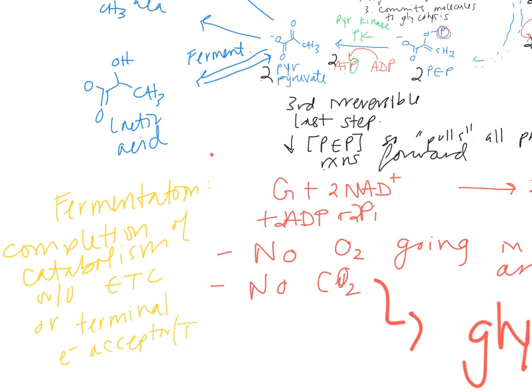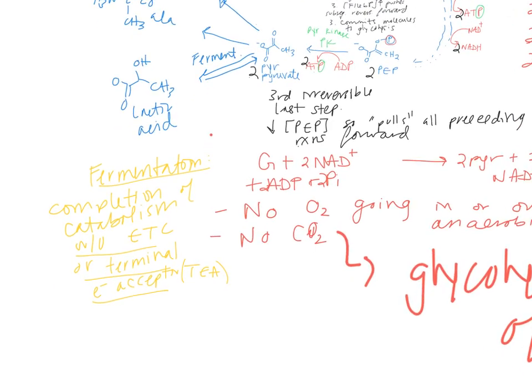And this is abbreviated TEA. We'll talk about electron transport chains and terminal electron acceptors many videos from now. But fermentation is a completion of catabolism without an electron transport chain or an electron acceptor. Fermentation is also anaerobic.